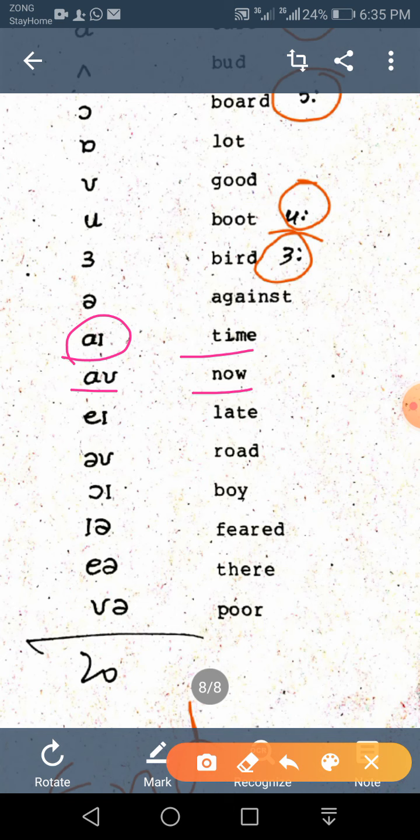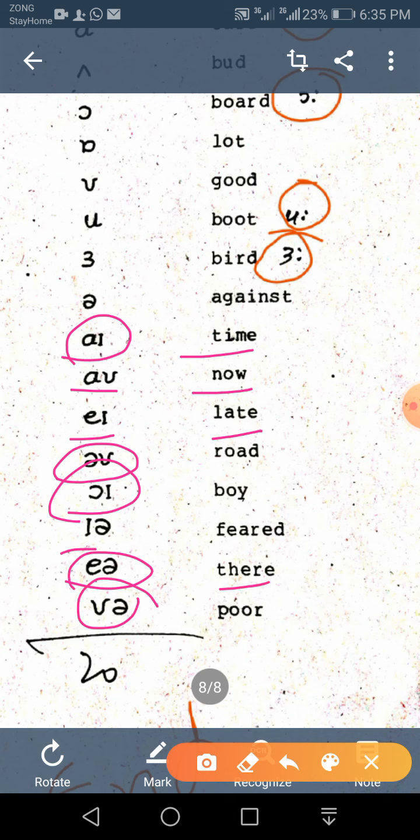Now this is now, this is late, cage, page, etc. Now this is like road, home, etc. Boy. Then this is feared, near. Now this is there, pair, and this is ua. So these are the 20 vowel sounds.